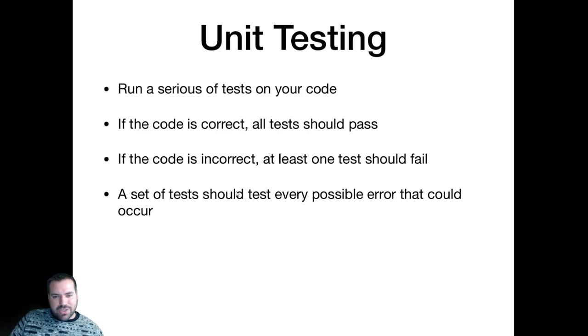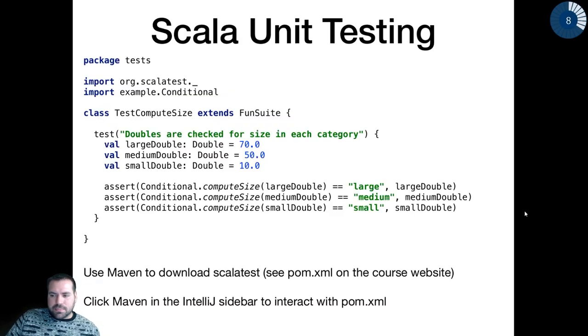You can't have certain cases where it's going to fail. So you need to address every possible thing that can happen in your code, everything that could go wrong, add tests for every single one of them, and then make sure that your code passes on all of them to make sure you don't have any errors.